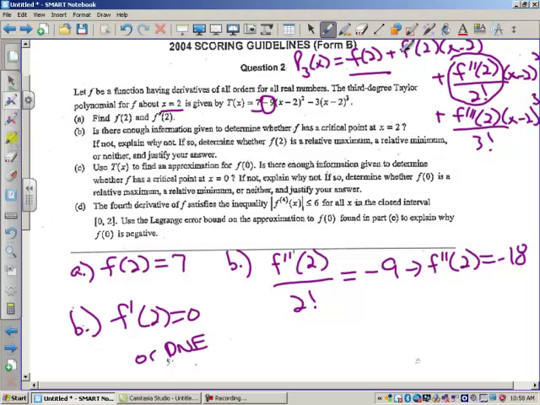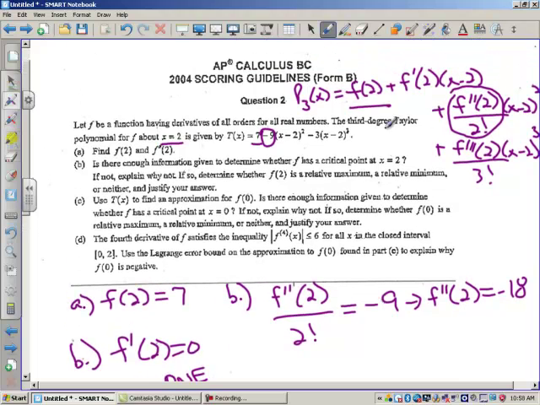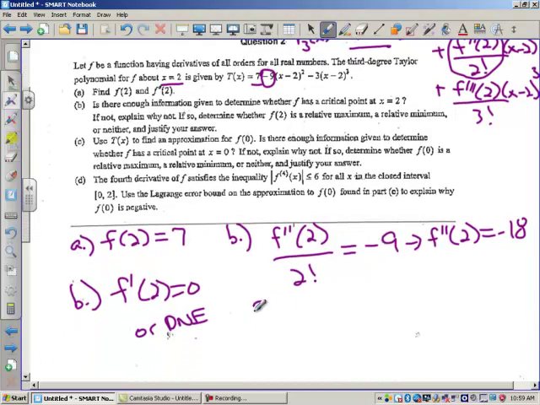So let's see. In our general form, f prime of 2 is the coefficient of the x minus 2 to the first term. Let's look and see. Oh my goodness, it's not there. There is not an x minus 2 to the first term. That means that f prime of 2 really was equal to 0. So yes, there is a critical point right there because f prime of 2 was 0.